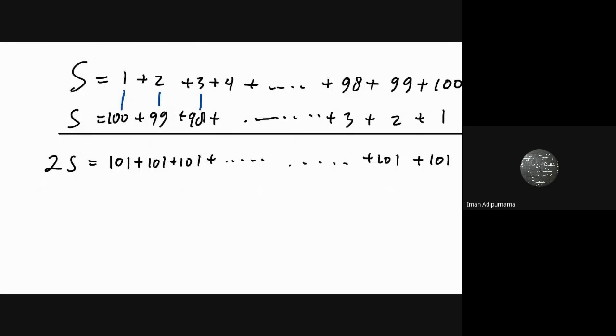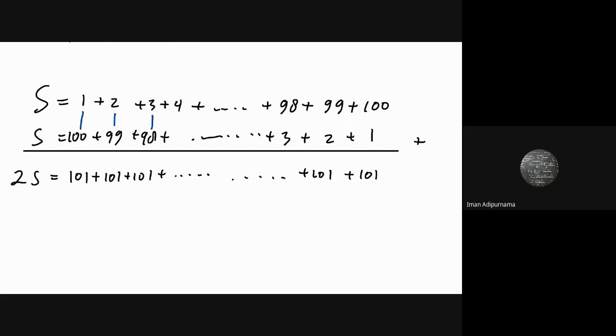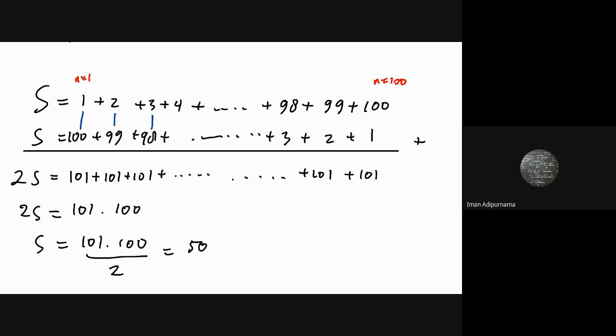So the question is, how many n is this? We have n from 1 until n is 100, right? So we actually get 101 multiplied by 100, the n. And our S will be equal to this number.